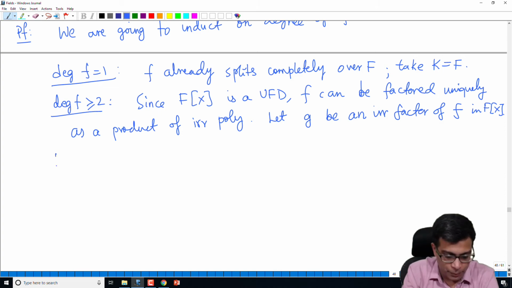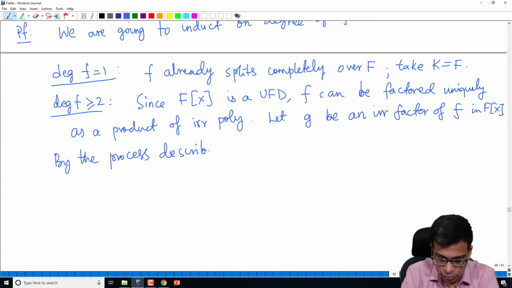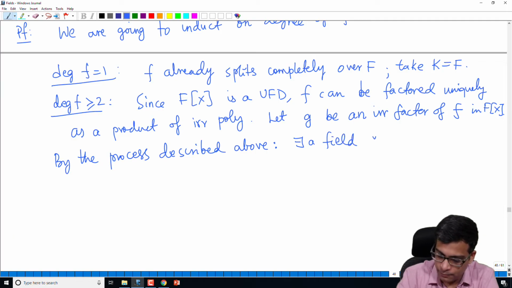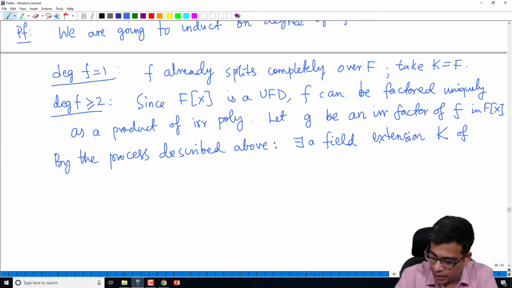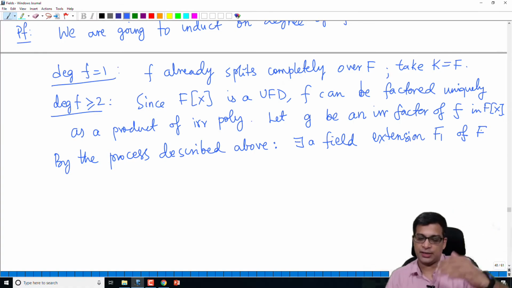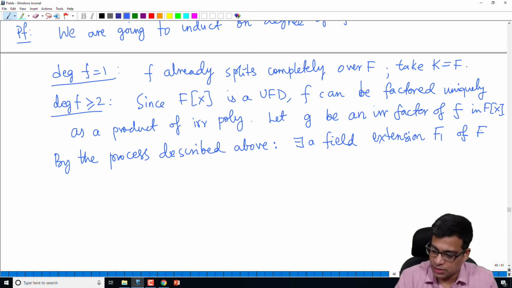So now by the process described above, there exists a field extension of F, let's say F1 of F. I want to keep K as the final field I get, so I call this now F1.